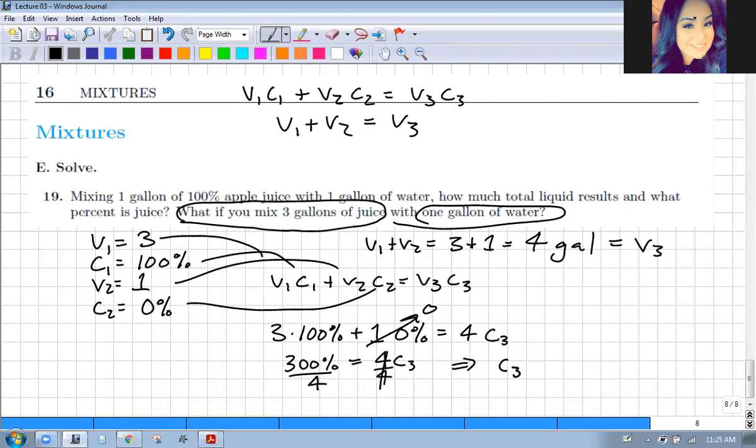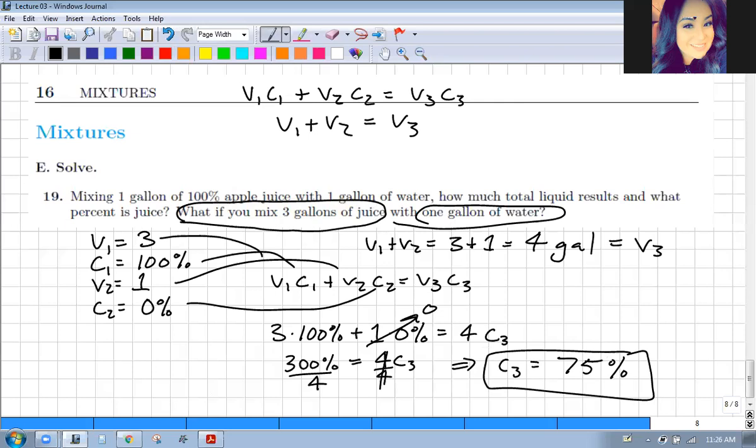So our C3 is 300 divided by 4, and that gives us 75%, which is what you'd expect. There's 3 gallons and 1 gallon, that gives you 4 gallons. 3 out of 4 of the gallons is juice. So you got 3 pure juice and 1 that has no juice. So yeah, it's going to be a 75% concentration.